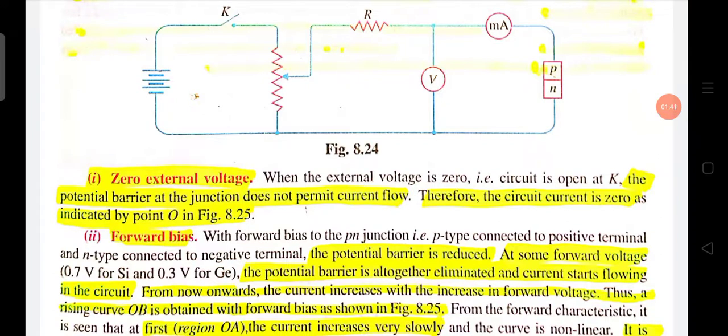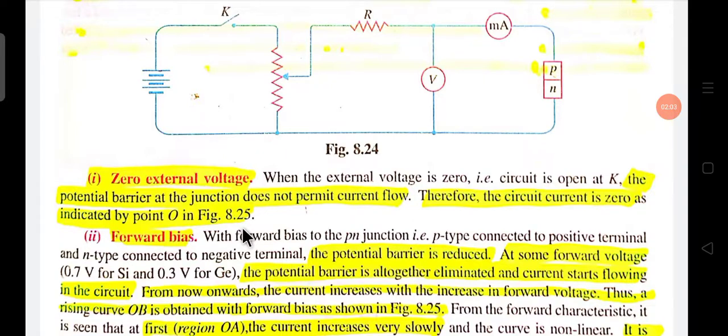When there is no voltage applied, the potential barrier of the PN junction is there. Due to this potential barrier, there is no charge flow across the PN junction, so there is no current flow in the circuit.